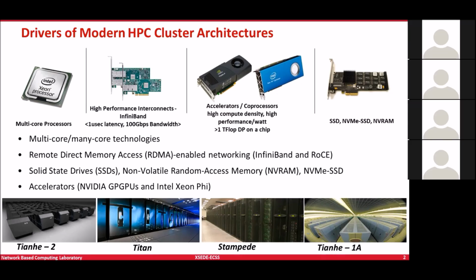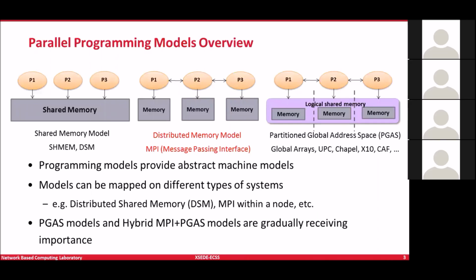Also, they are using high-performance interconnects like InfiniBand with RDMA access, and these machines have accelerators, either NVIDIA GPUs or Intel MIC. And of course, some of the upcoming systems are coming with SSDs, NVMe SSDs, NVRAM, etc.